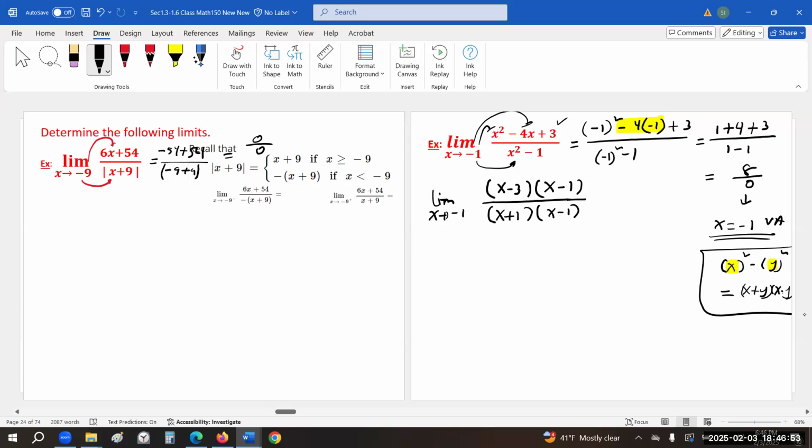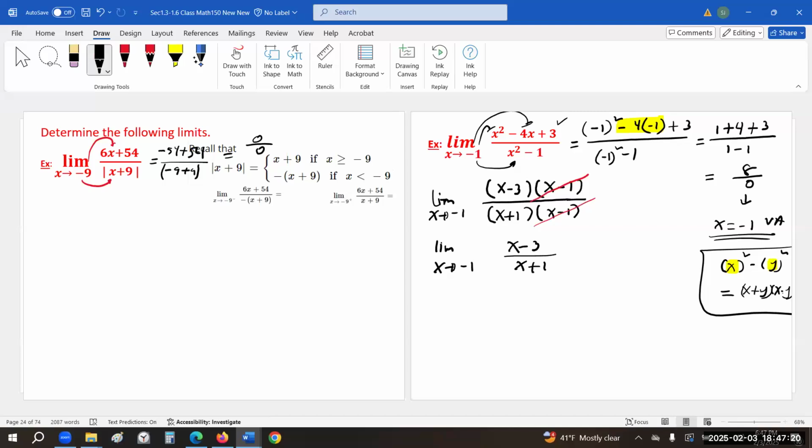We factor the top, factor the bottom. And then what do you observe? They cancel. We have x minus 1 on the top, x minus 1 on the bottom. We can cancel them, so we're left with x minus 3 over x plus 1.